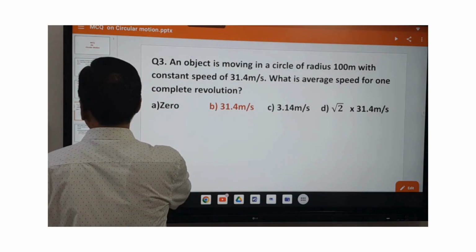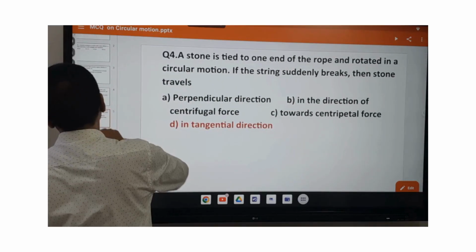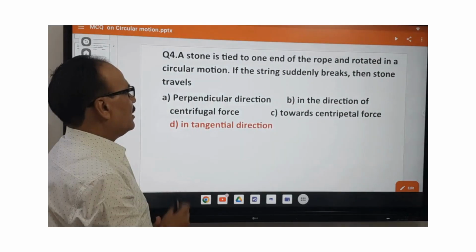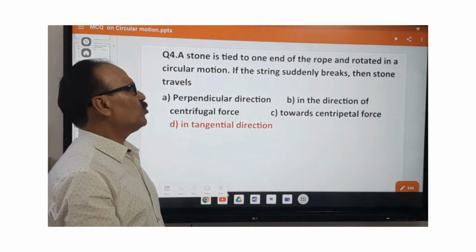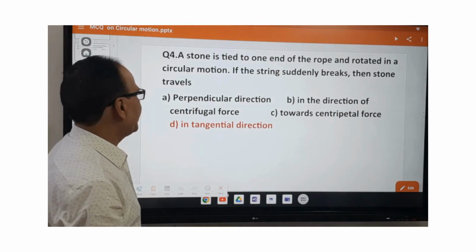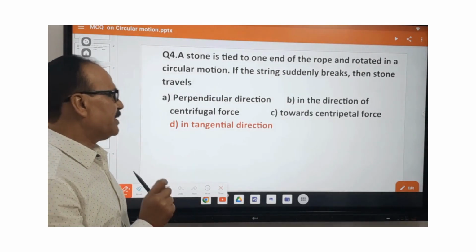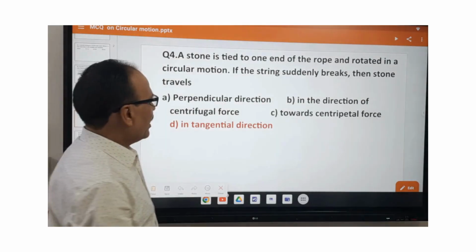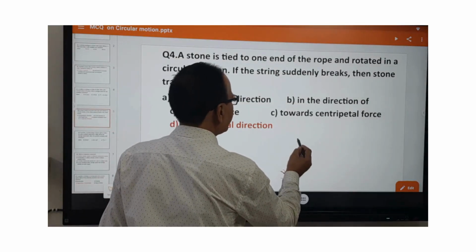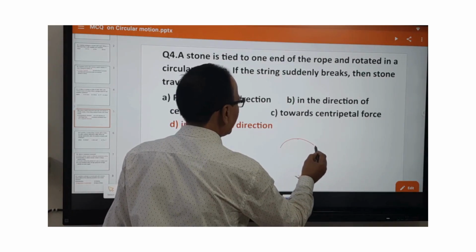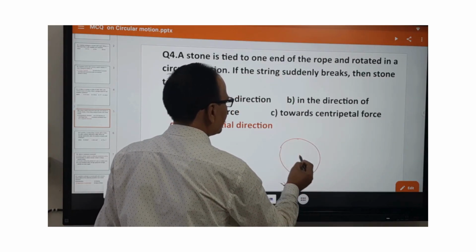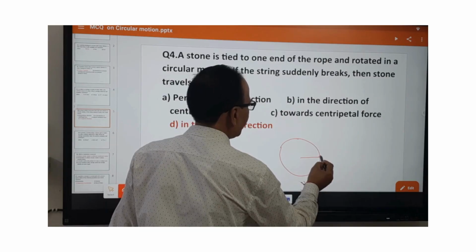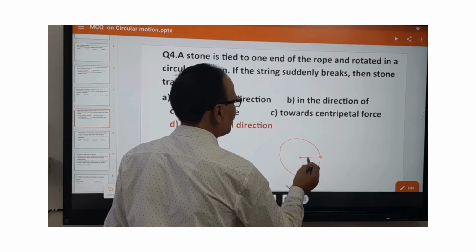Next question. A stone is tied to one end of a rope and rotated in circular motion. If the string suddenly breaks, then the stone travels. This is the case. Suppose this is the stone and this is the rope.